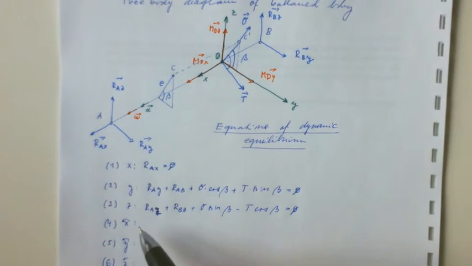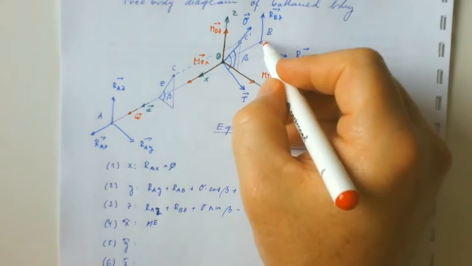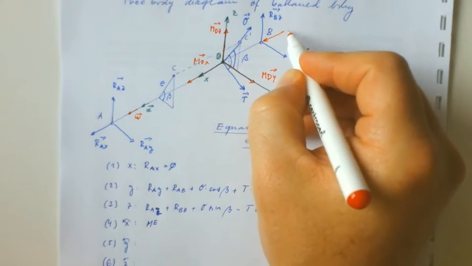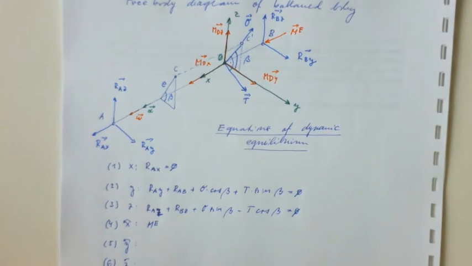Moments about x. There is only external moment, ME, so let's say that we have some exciting external moment, ME, plus Mdx is equal to 0.